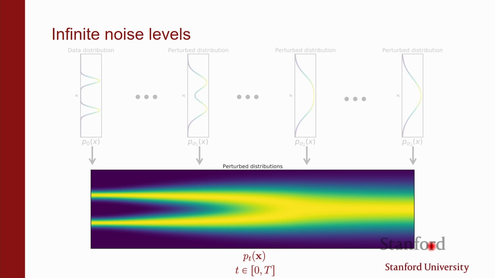So each vertical slice here is basically the density of data convolved with noise, where we've added noise corresponding to this continuous index t. Right? And so you can see how I got here.